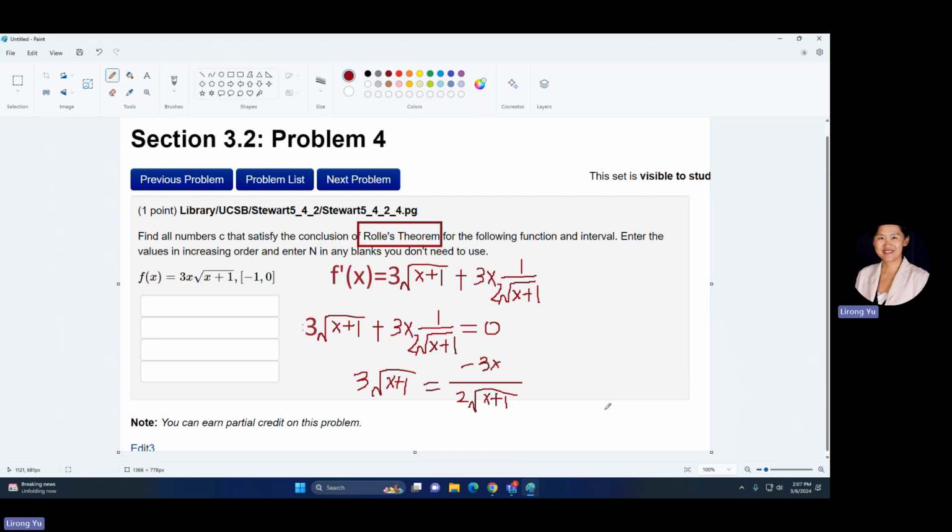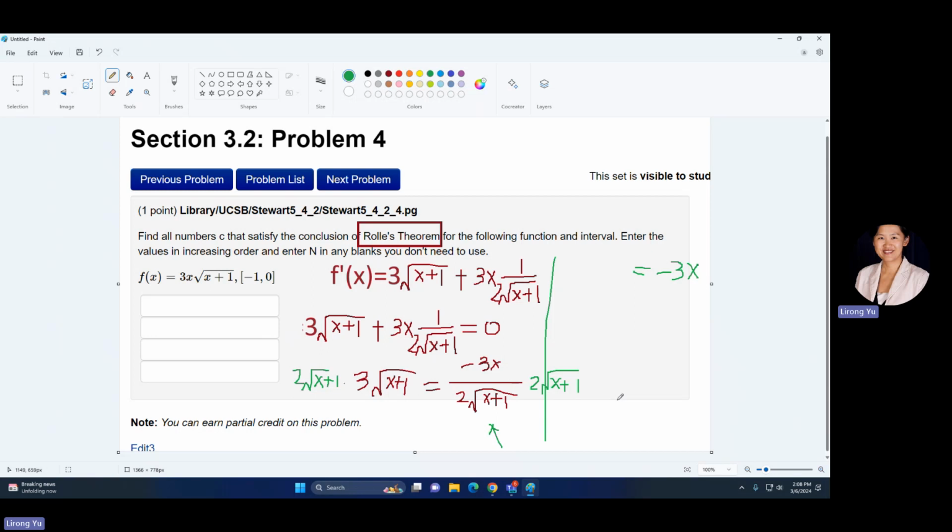We multiply 2 times the root of x plus 1 to the left, and we also multiply 2 times the root of x plus 1 to the right. When you multiply to the right, it cancels the denominator. That's why there's negative 3x left.